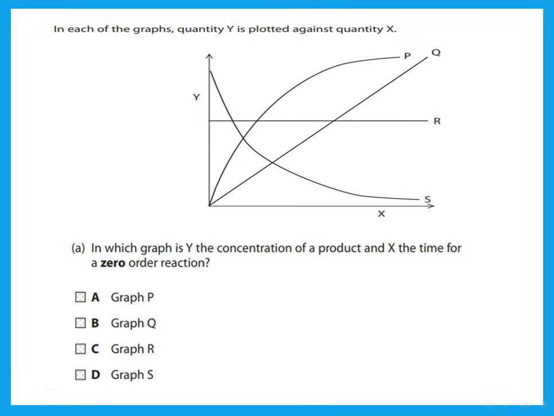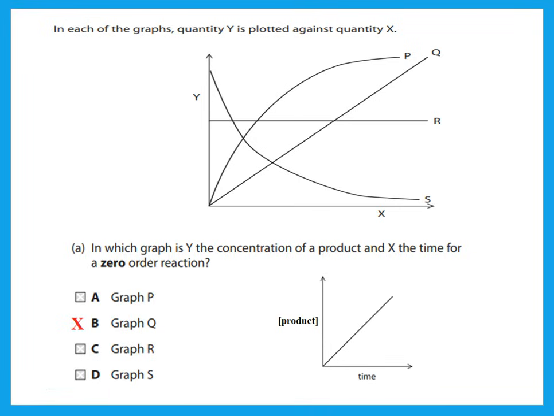Another question, he says, in which graph is Y the concentration of product and X time, if we're talking about a zero order? Please look at what he's saying. What is Y and what is X? He's saying Y is the concentration of product versus time, and it's zero order.